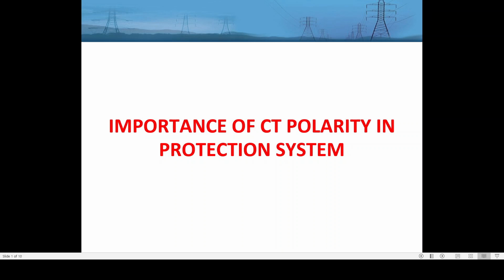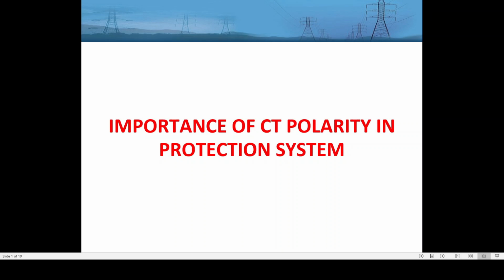So in order to understand and implement the correct CT polarity in your protection system, it is better to understand these concepts beforehand.